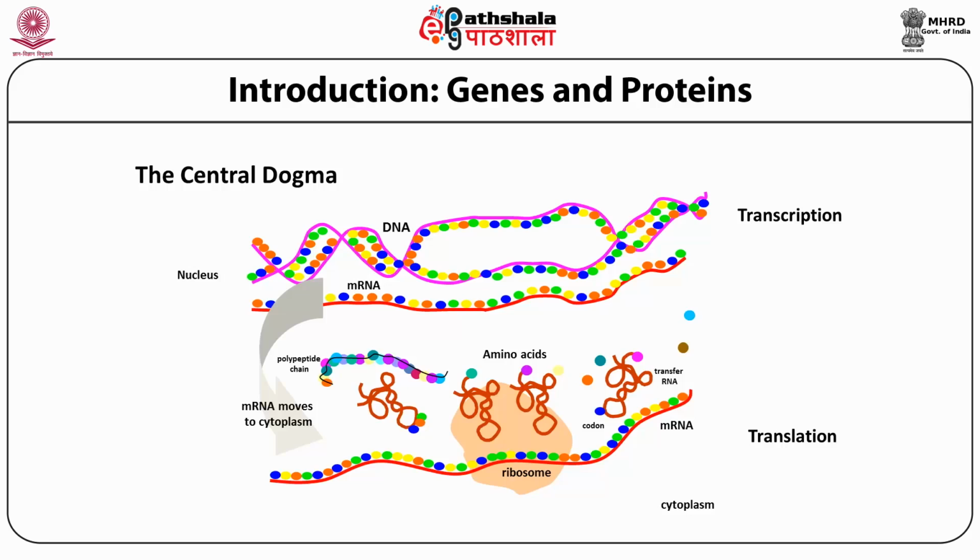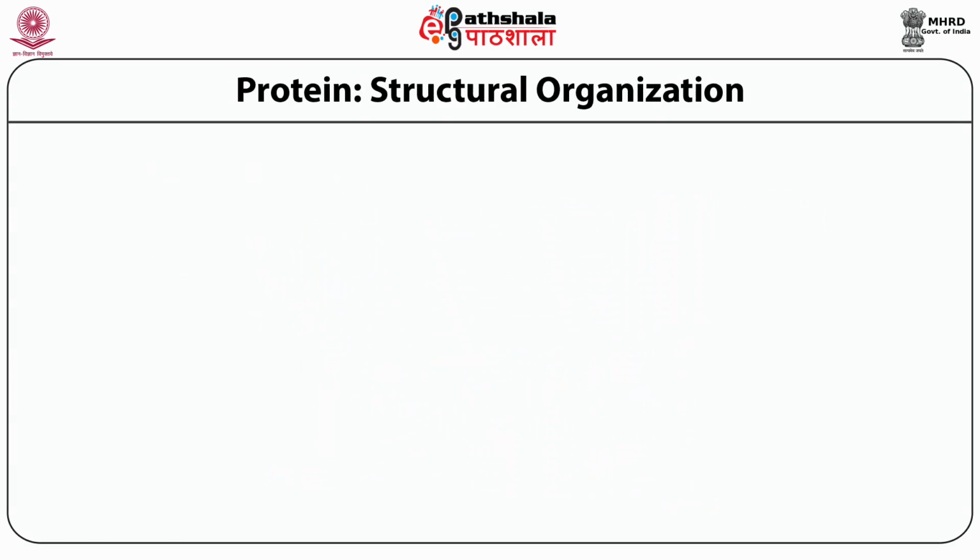The flow of information from DNA to RNA and finally to the protein, which is now a well-folded three-dimensional structure with a particular function, is a very fundamental principle of molecular biology and is called the central dogma.